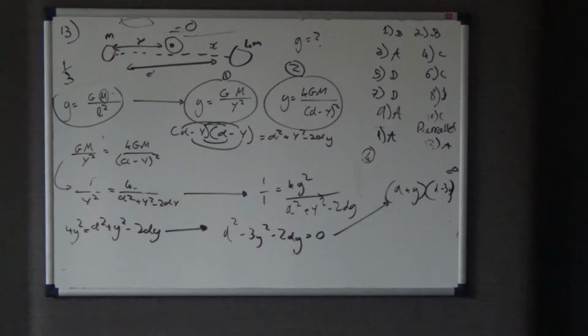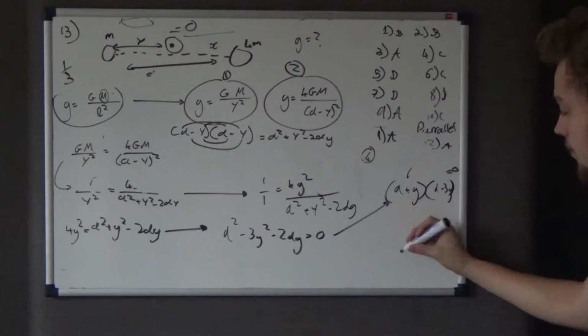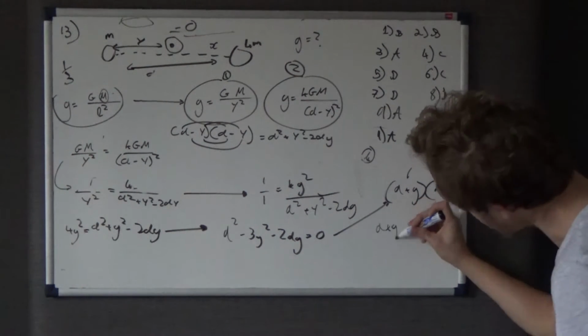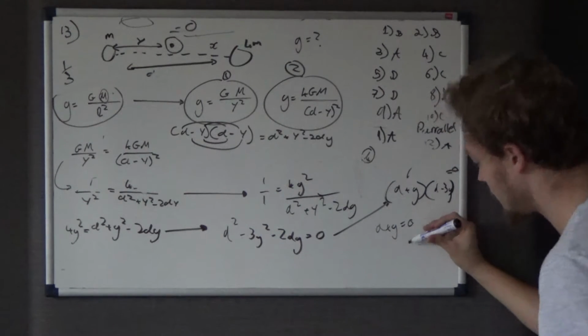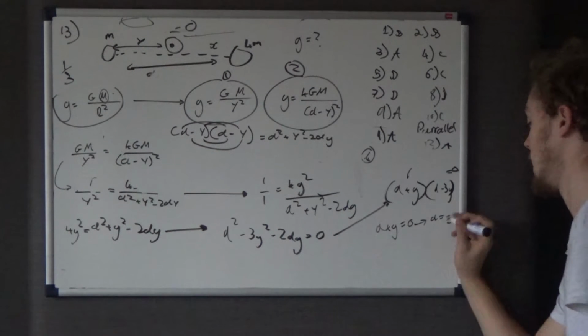So, for this to be equal to 0, if d plus y is equal to 0, d would have to equal minus y.